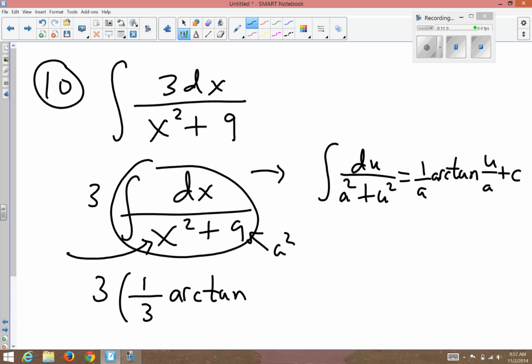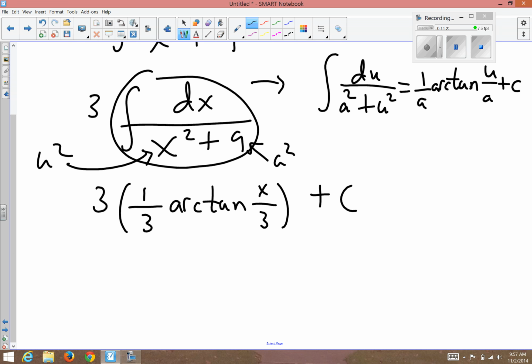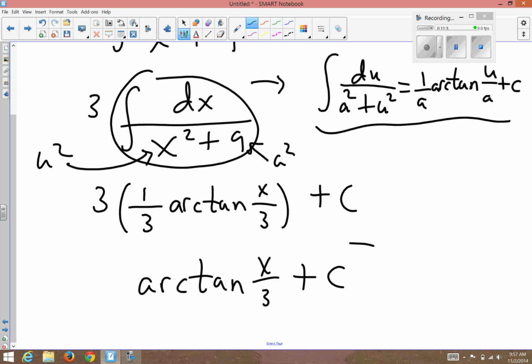That's u squared, meaning u is x, and a is 3, because this is a squared, plus c. So no partial fraction decomposition, just a straightforward formula. 3 times 1/3 is 1, so the answer is arctan of x over 3 plus c.